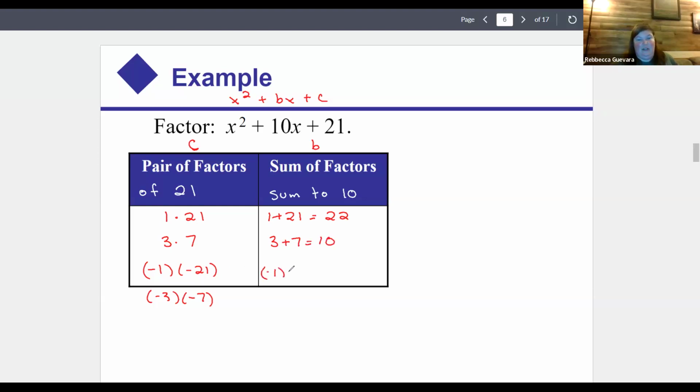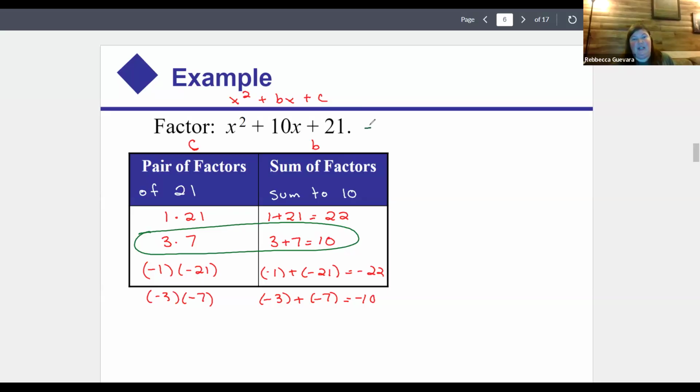Negative 1 plus negative 21 is negative 22. Negative 3 plus negative 7 is negative 10. We wanted a positive 10, so what we're going to want are these factors.